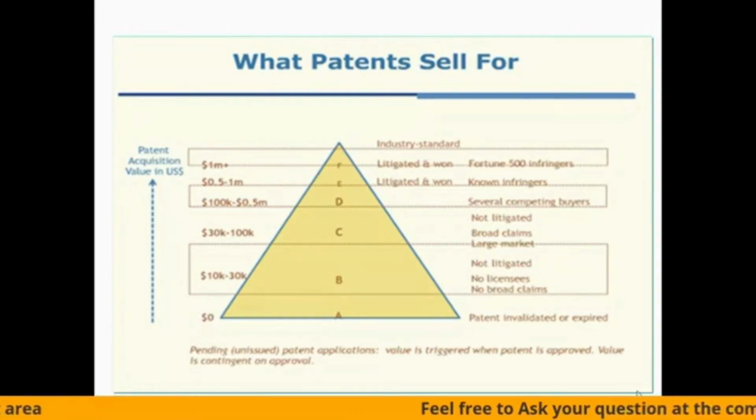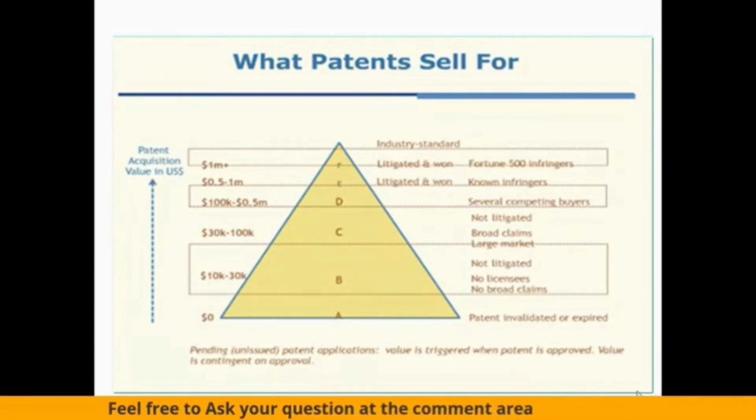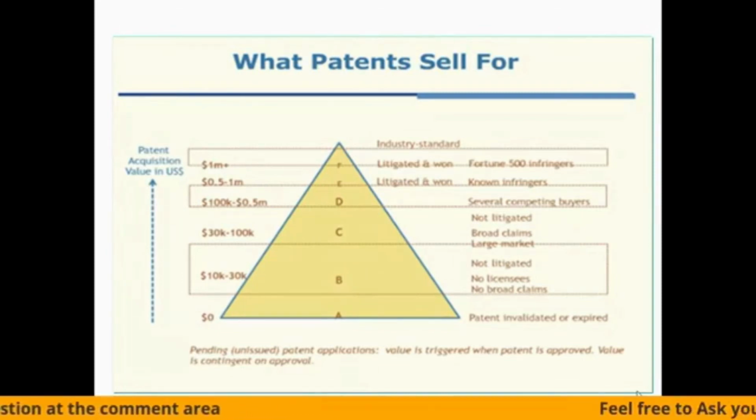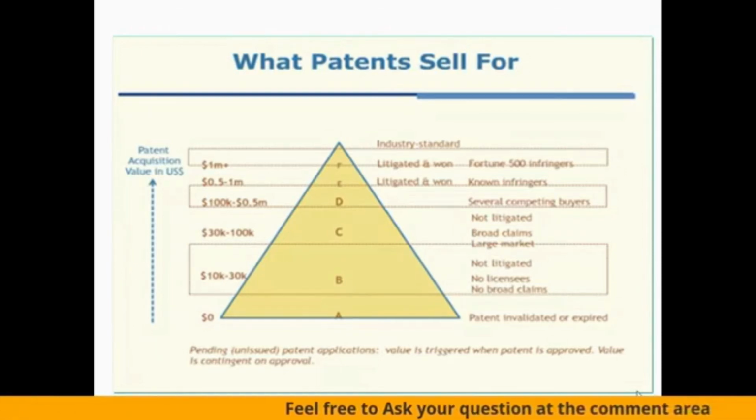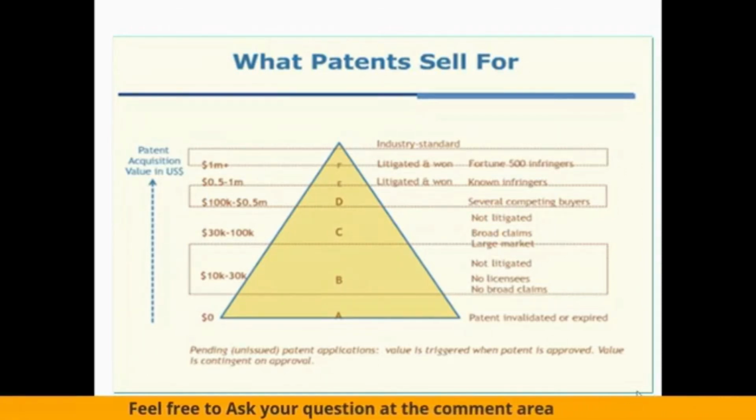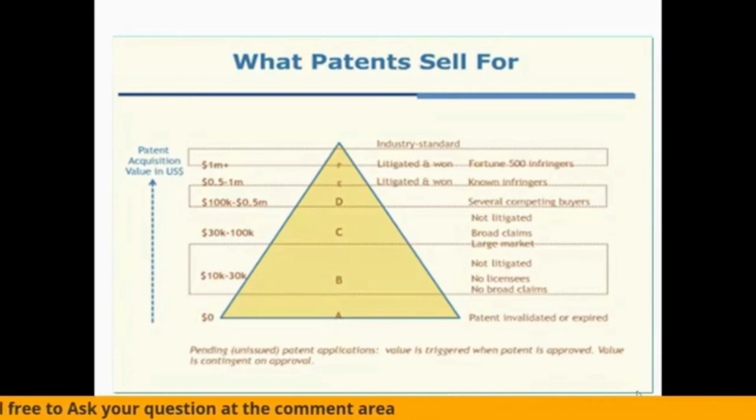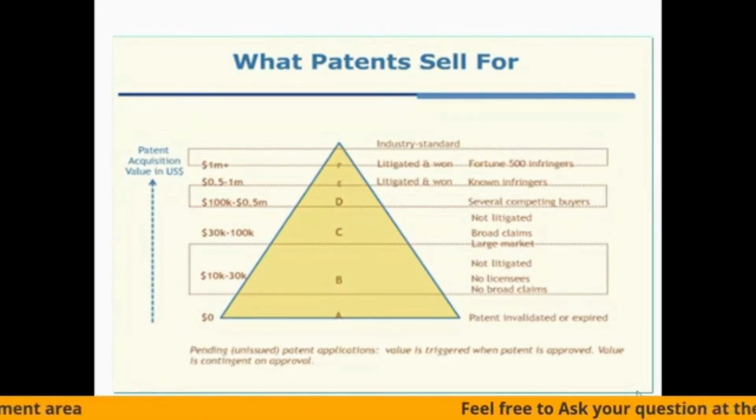It has not been tested. But if you have a patent which is worded broadly, even though it is not commercialized yet, it has a broad claim, then the value is arbitrarily fixed at about 30 to 100,000 US dollars, because it has broad value in a big market and is not tested yet, so the value becomes higher.